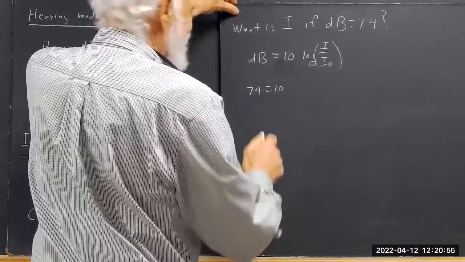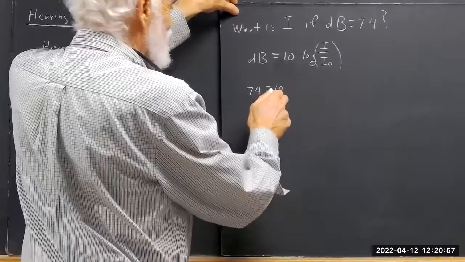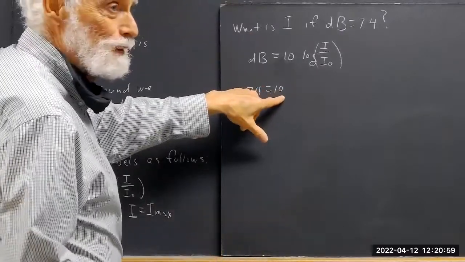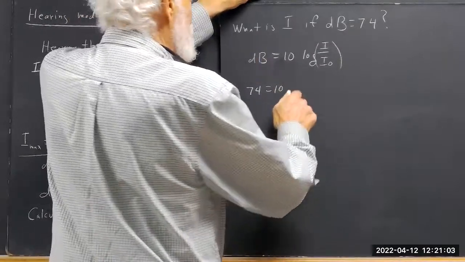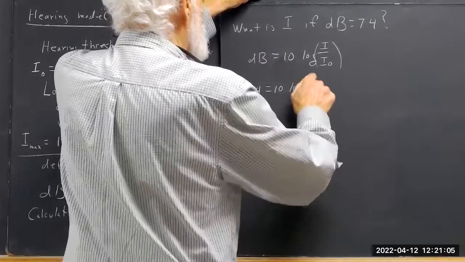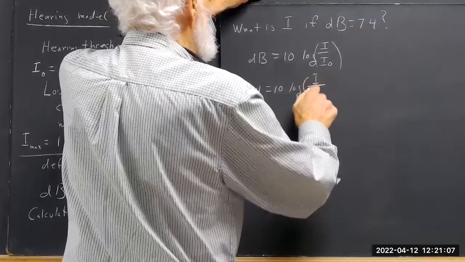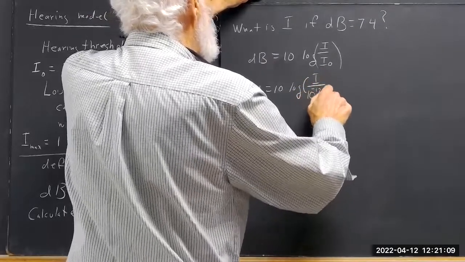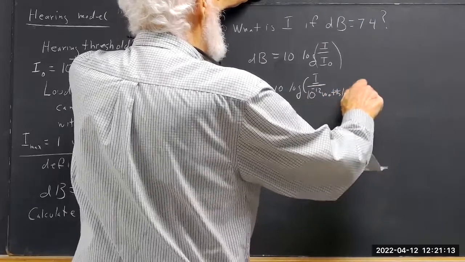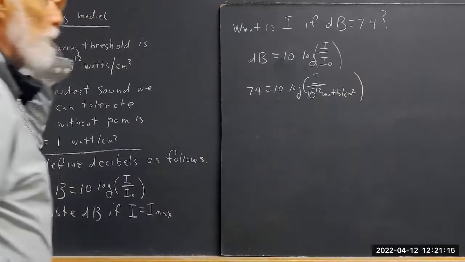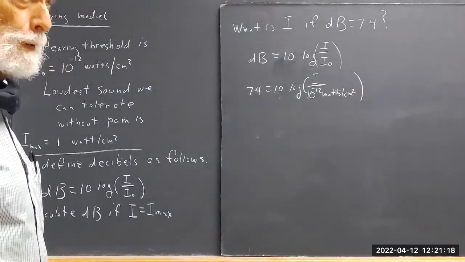I want to write that as an O rather than a 0. Stop it. Okay, now that's 10 log of I over 10 to the negative 12th watts per square centimeter.